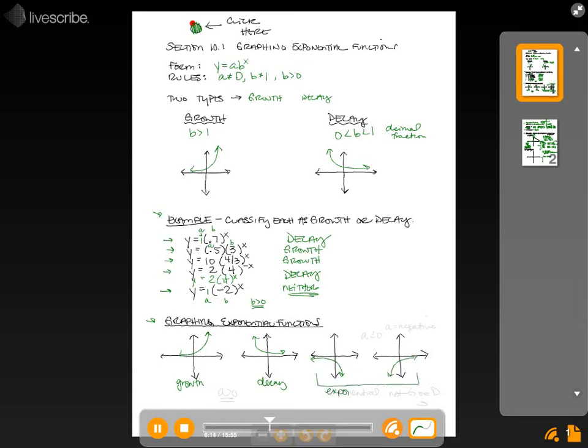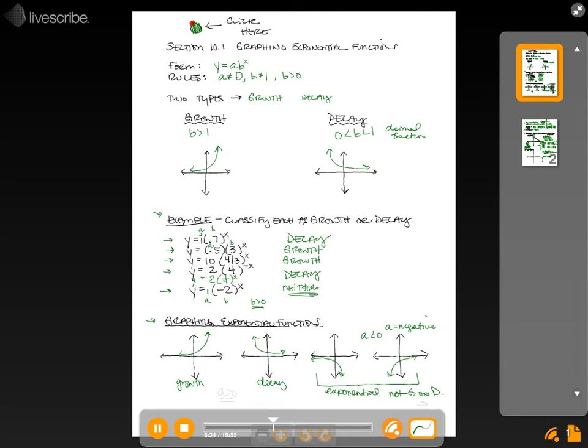So exponential, not growth or decay. The reason they're not growth or decay is because a is less than 0. A is negative. Alright? When a is negative, we don't have growth or decay anymore.